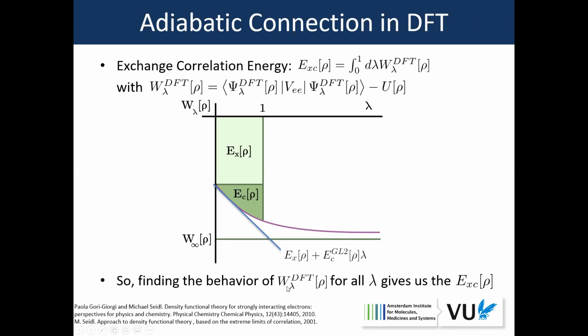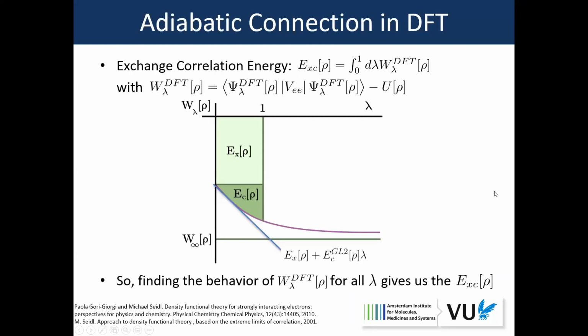So it's not really efficient, but we are trying to find interpolations, these purple lines, to get a better approximation of it using ingredients from both the small lambda limit and the large lambda limit. For example, what Mike already mentioned, the ISI functional, the interaction strength interpolation, is one of them. And we also want to have some for the Hartree-Fock adiabatic connection.